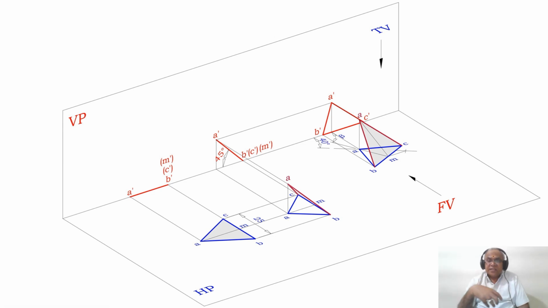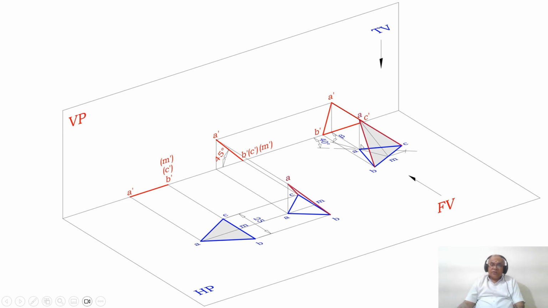Once you get the beta inclination line and once you know this point, you take this three-dimensional sketch and place it here. Then automatically you get this point here directly. Then you know that this is B, this is C and this is M. Then you know that this is A because you draw a vertical projector from here to this.